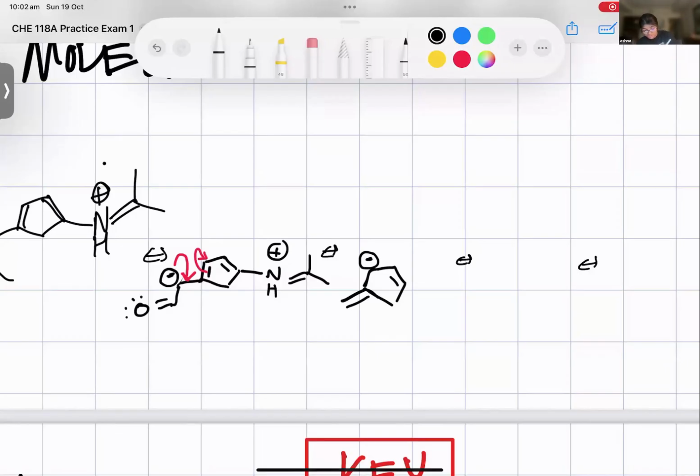The negative charge moves from here down there, and then that one moves away. Oh wait, it can move to the nitrogen. It can make a double bond there, right? But if it makes a double bond to the nitrogen, because the nitrogen has a hydrogen, that's a positive charge.